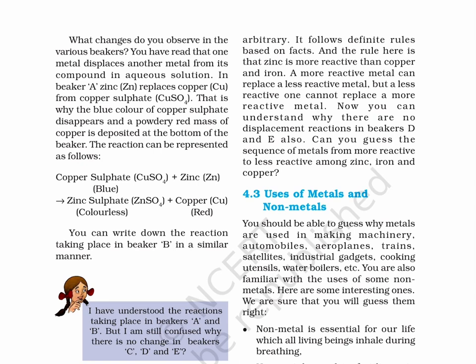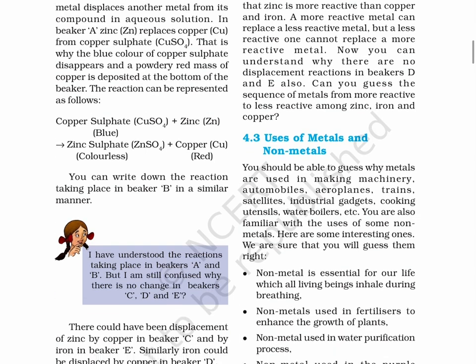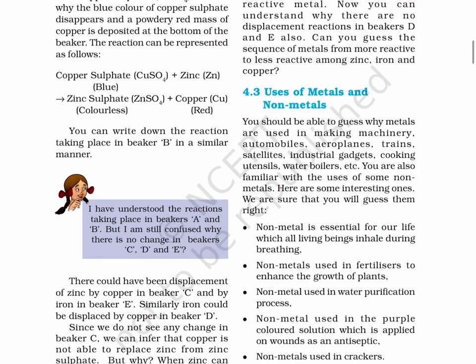The reaction can be represented as copper sulfate CuSO4 plus zinc Zn gives zinc sulfate ZnSO4 (colorless) plus copper Cu (red). You can write down the reaction taking place in beaker B in a similar manner.